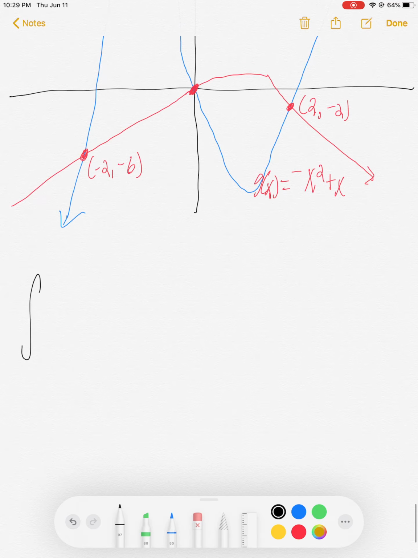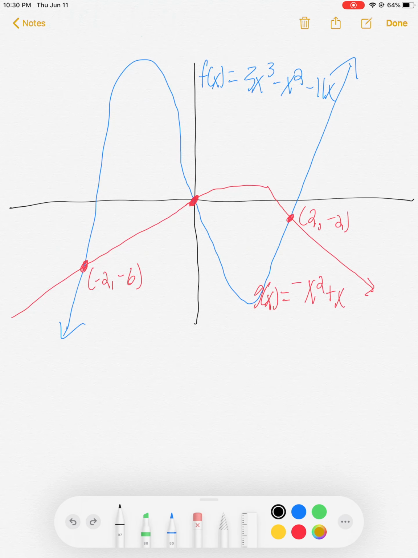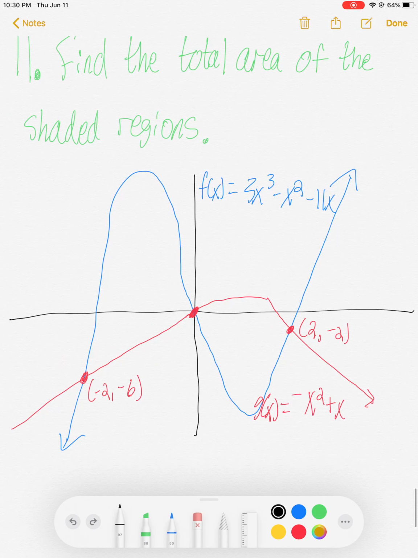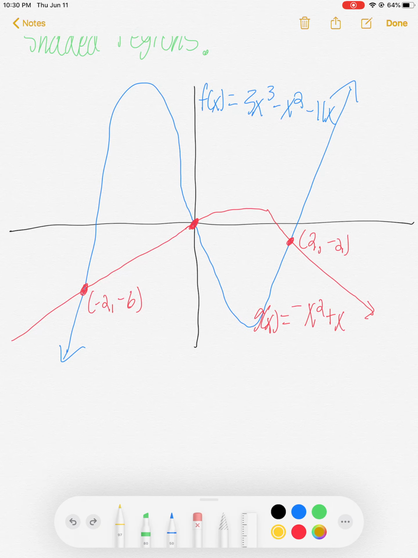I'll talk through the setup here and then leave it to you to fill in the details. This is kind of more of a standard area problem in that we have y given as a function of x.